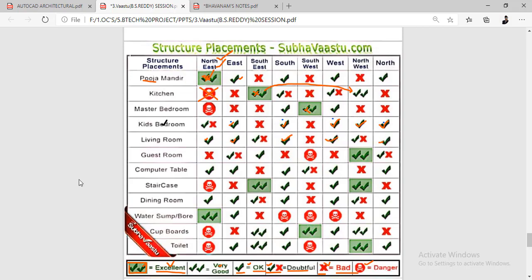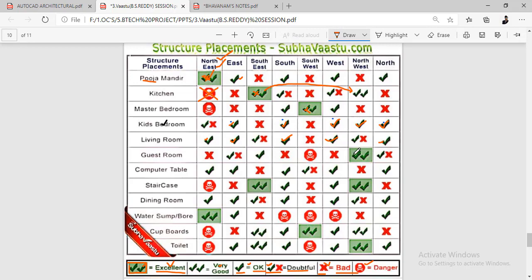The guest room, in the sense it's a bedroom, you can provide in the northwest direction. That's excellent. And the computer table, you can place it somewhere. And the staircases will be southeast. So southeast you need to provide, excellent. And if it is not preferable, you need to go for the northwest.